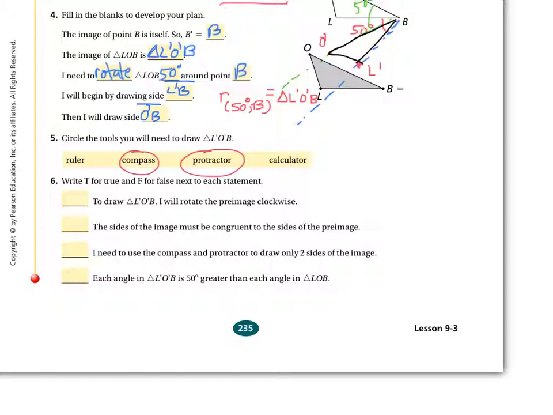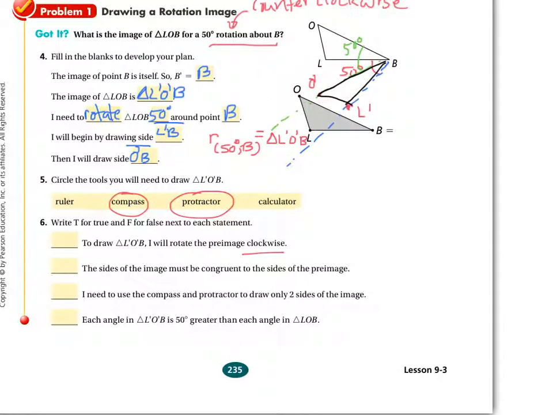This is the last that we're going to do today. To draw triangle L prime, O prime, B, I will rotate the pre-image clockwise. Is that what direction we rotated it? Look above here. What direction did we go? We went from here to here. Isn't that counterclockwise? So this is false.